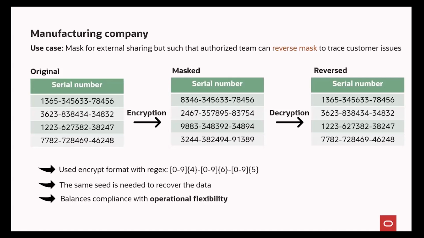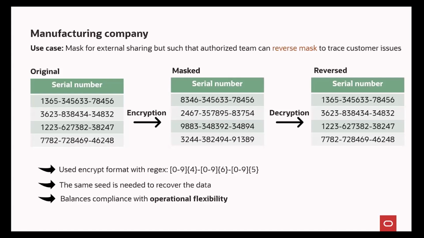So in this case, they used encryption. After masking the data, when they needed, they can go back using decryption, providing the same encryption key. Here it helps you to balance compliance when you're masking with the operational flexibility when it is needed.